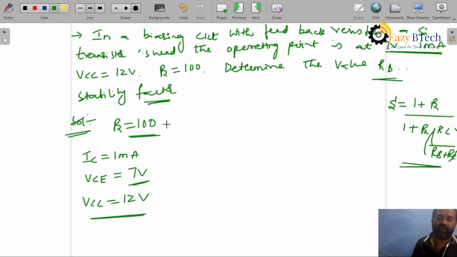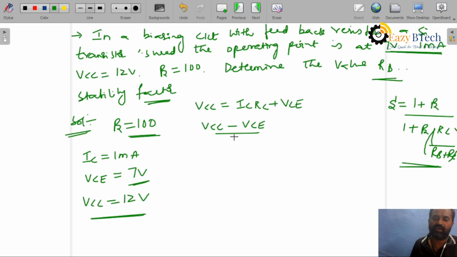Now, to find that, first we need RC and the value of RB. To find the value of RC, the equation is VCC is equal to IC RC plus VCE. From this, RC is equal to VCC minus VCE by IC.